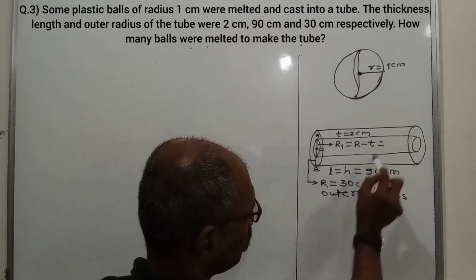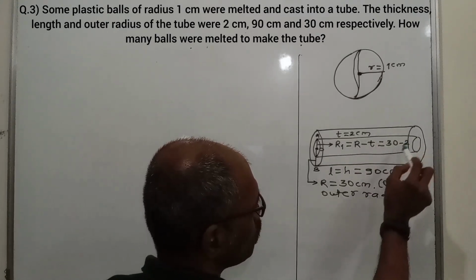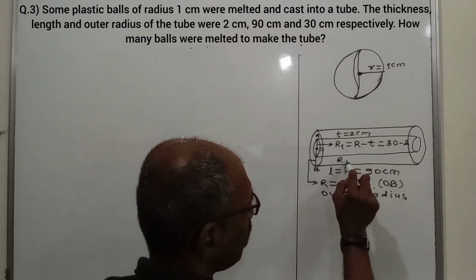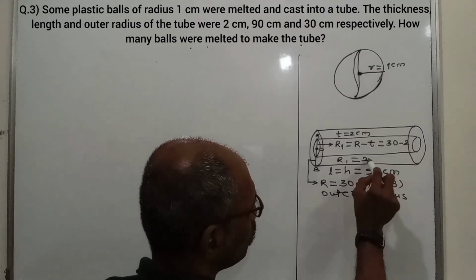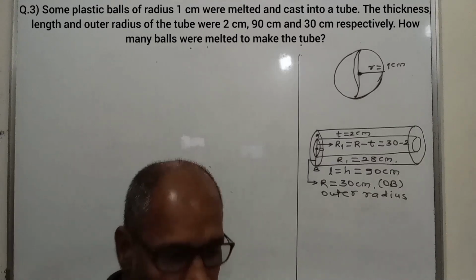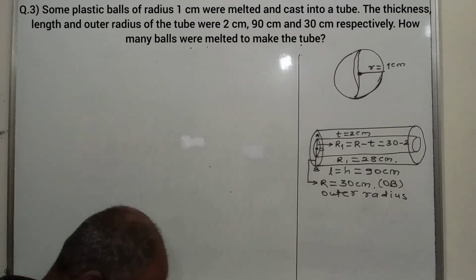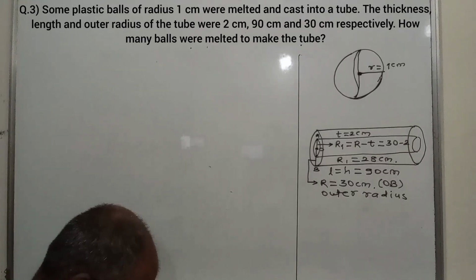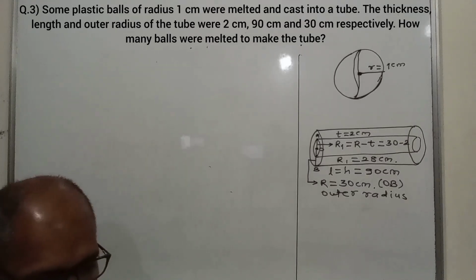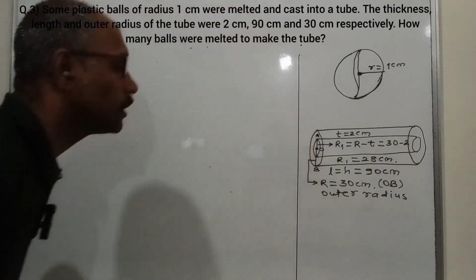Therefore 30 minus thickness 2, therefore R1 is equal to 28 centimeter, the inner radius. Did you get it? Now what is the question? How many balls were melted to make the tube?